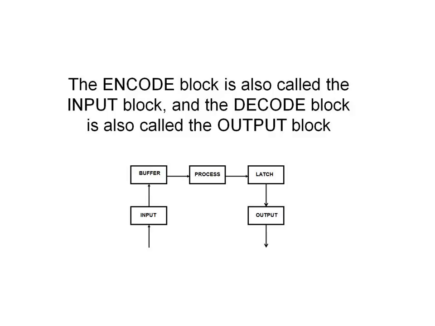Now, the combination of a buffer and an encoder, which actually I called input, is the true input to a microprocessor integrated circuit. And the combination of a latch and a decoder, and I called the decoder here output, is required to handle the processed information from a microprocessor chip.